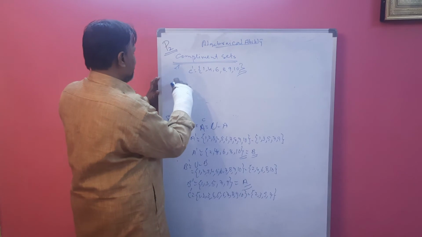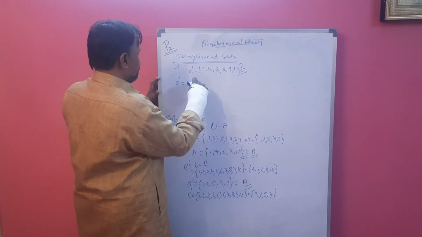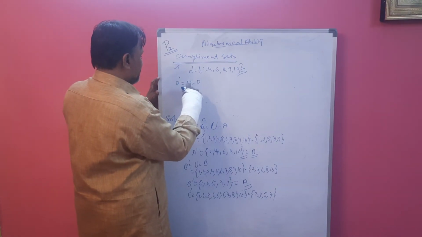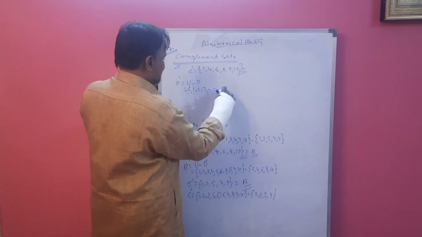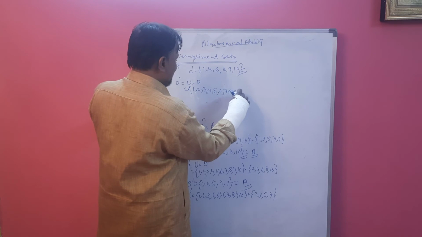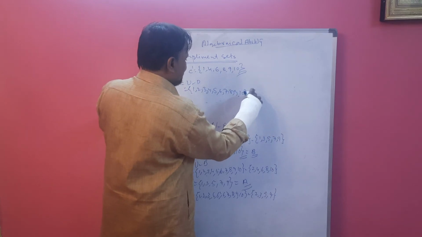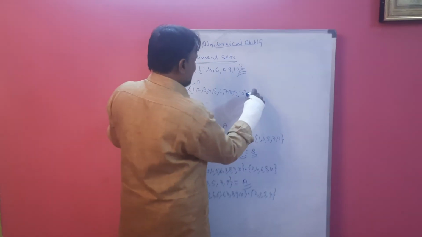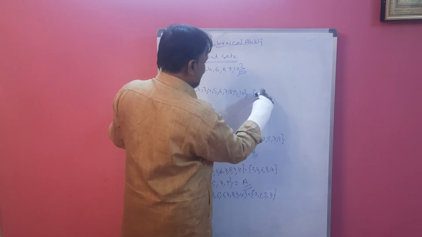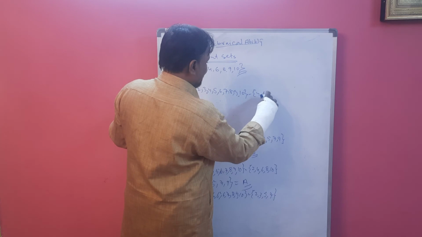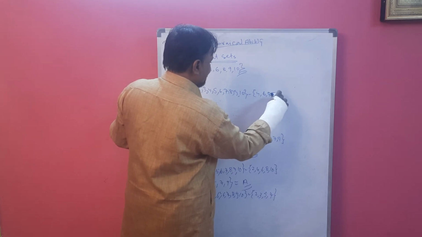D complement is also there. D complement is nothing but union minus D. Union is what? 1, 2, 3, 4, 5, 6, 7, 8, 9, 10, minus D. D is what? All composite numbers: 4, 6, 8, 9, 10.